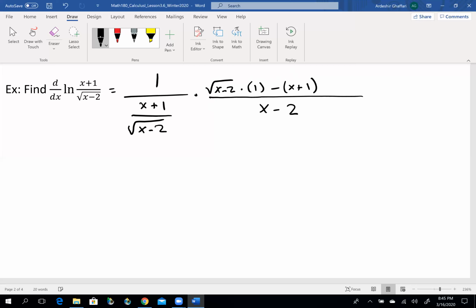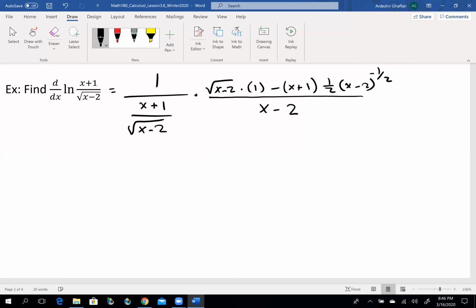So the derivative of second, again, the square root of x minus 2 actually is x minus 2 to the power of 1/2. So the derivative is going to be 1/2 in front, x minus 2 to the power of negative 1/2.